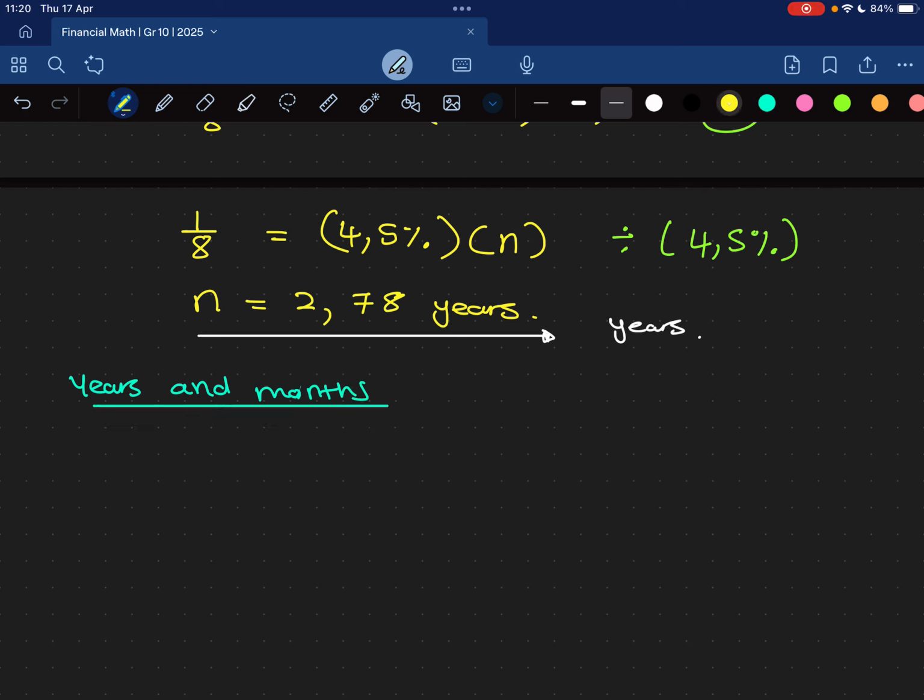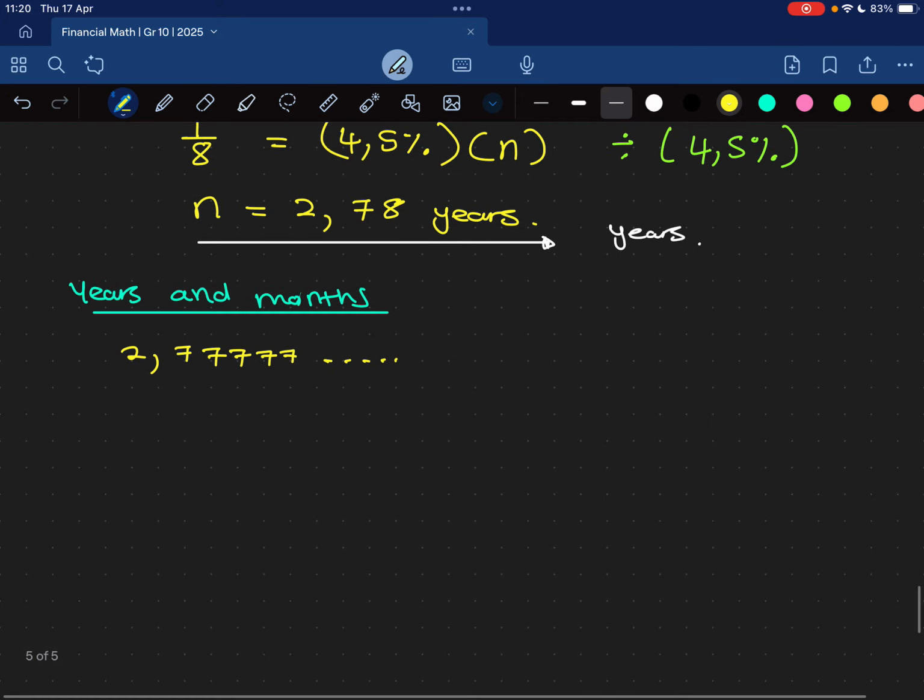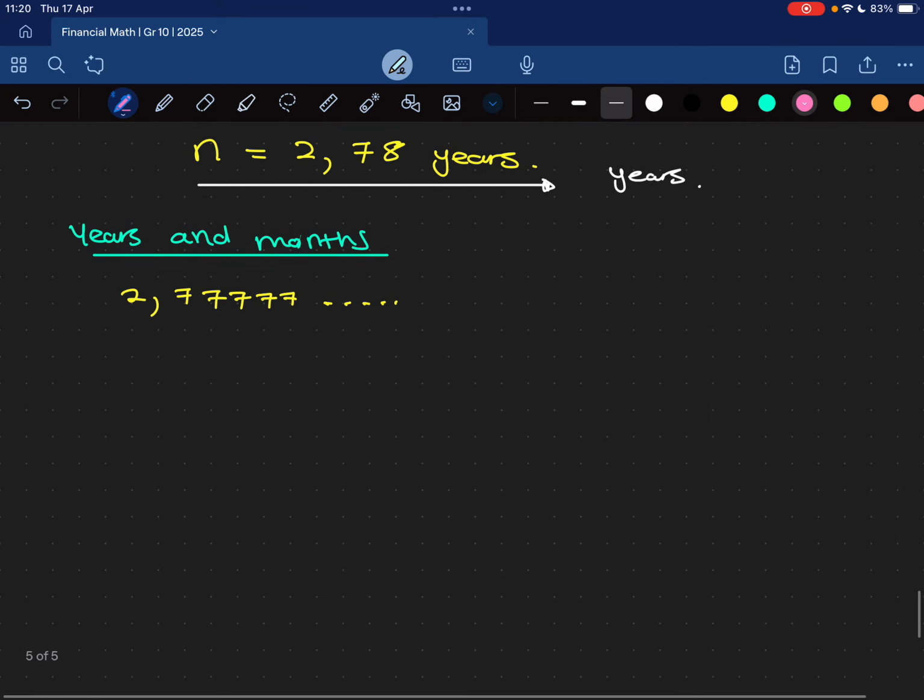So let's consider the full example where we have 2.77777... So what we do know so far is that it's going to be 2 years. Okay, definitely is going to take 2 years. So I'm going to subtract 2 from this above.